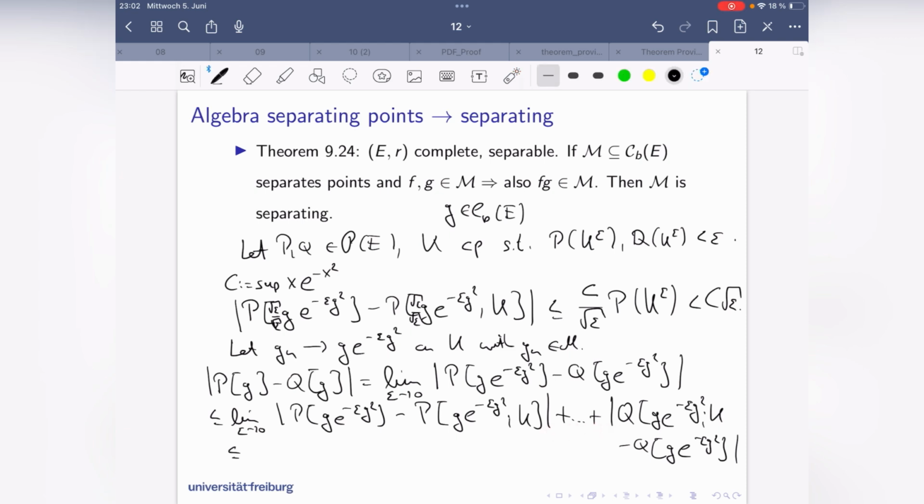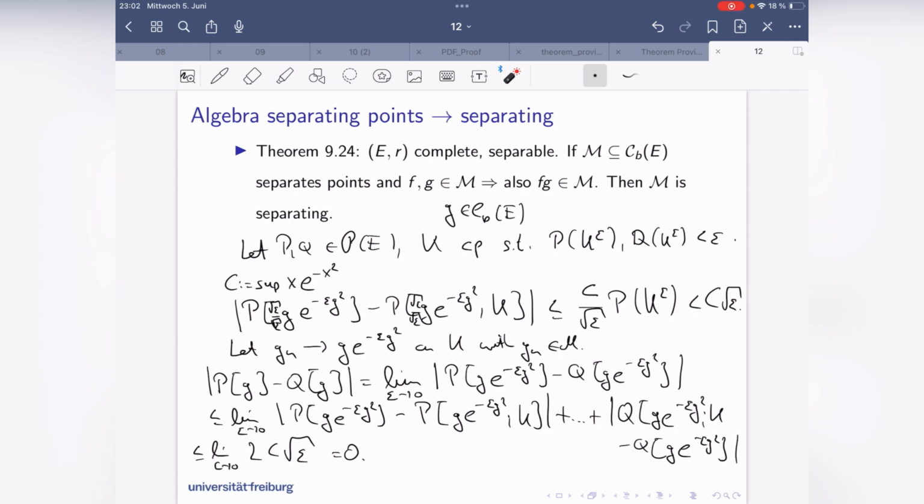And here I just argued that this here is smaller than c times square root of epsilon. I have two of these terms, 2c square root of epsilon. And let's not forget the limit, which is 0. So we have shown that p and q agree on all continuous bounded functions, and that means p and q are the same, and that means we have shown this result here.